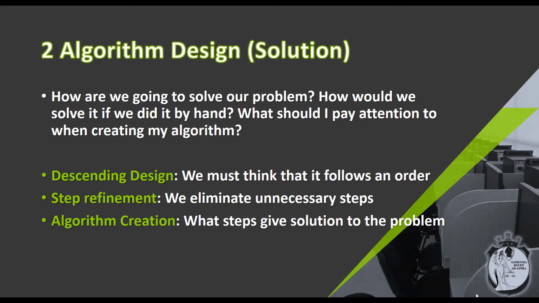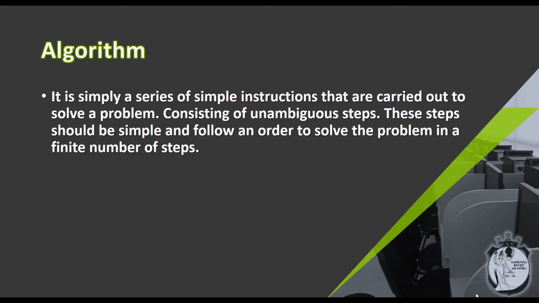So for the descending design, we must think that it follows an order. Remember, you need to follow the steps in order. You need to eliminate the unnecessary steps. It is not always possible, but sometimes it is. And what steps give the solution to the problem? You need to focus only on the steps that give the solution.